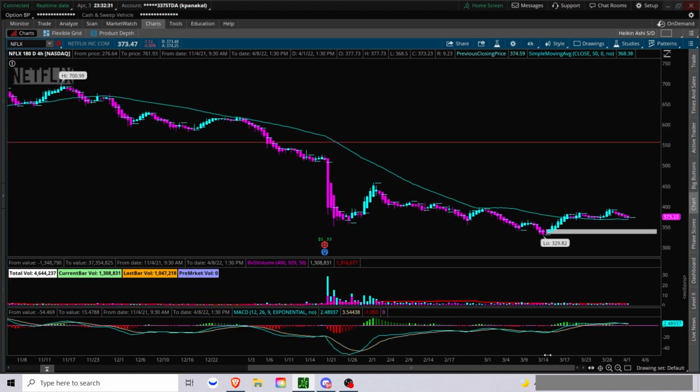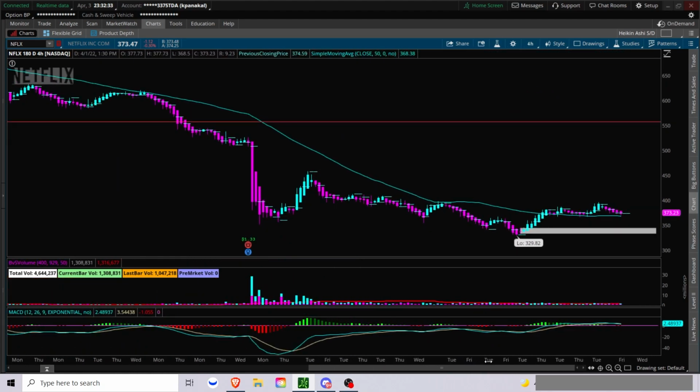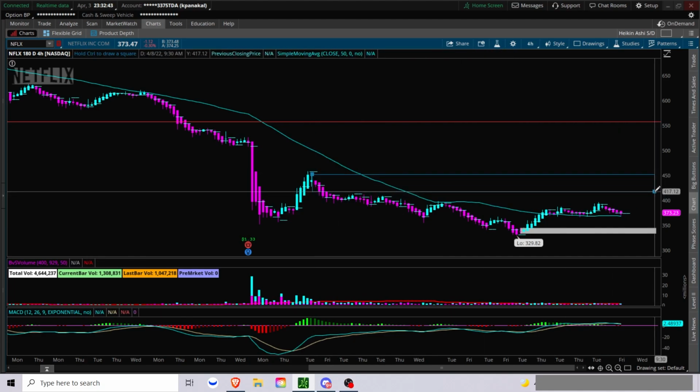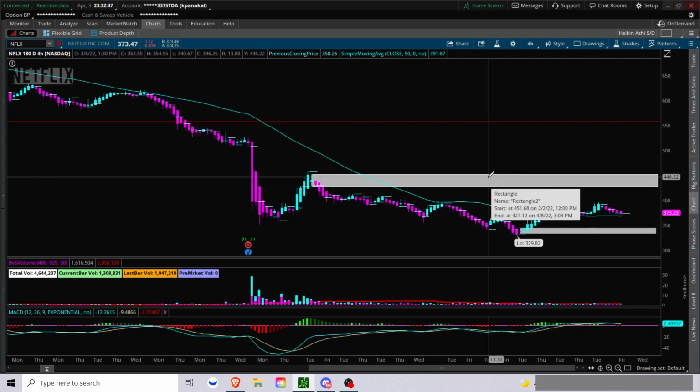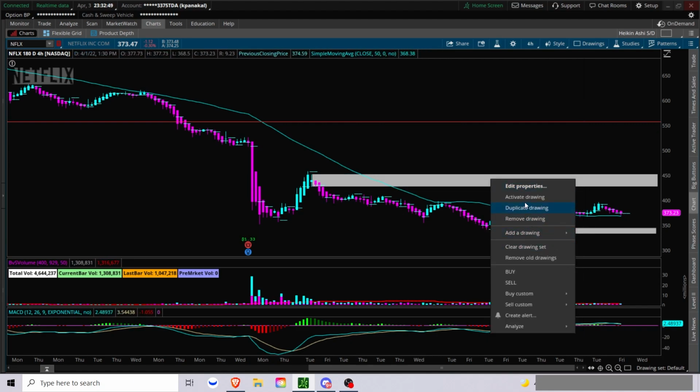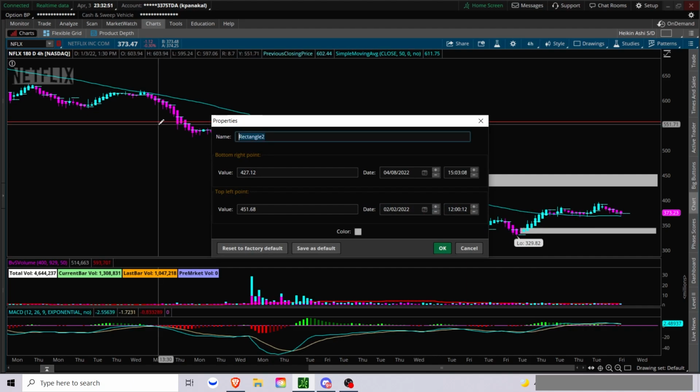And then, do we have a supply zone? I don't know if I really want to count this as a supply zone. We could count this as a weak supply zone. What I mean by weak is that it's not that likely to be respected.